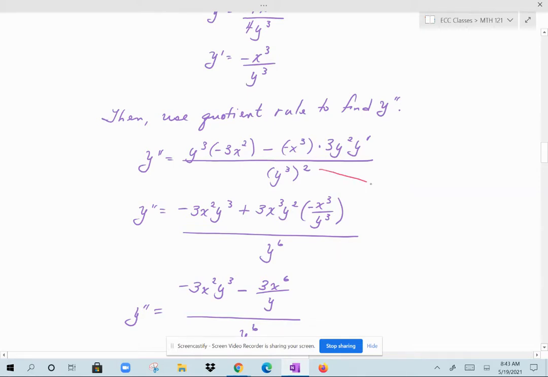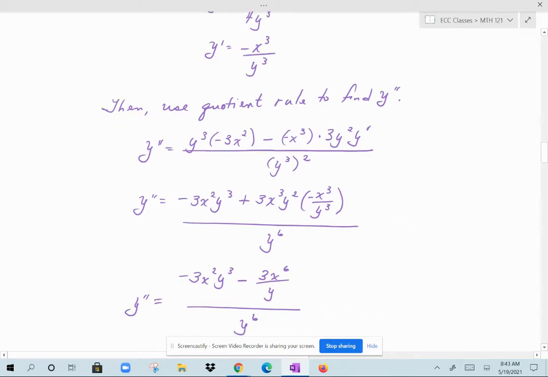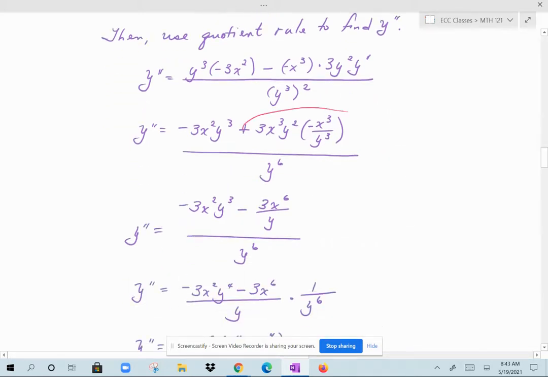And my denominator, the g squared in the formula, that's y cubed squared becomes y to the 6th. Now the rest of this is just some simplifying. So this expression in particular, the y squared here cancels with 2 of the y's in the denominator and the x's combined. So this becomes a minus 3x to the 6th over y.